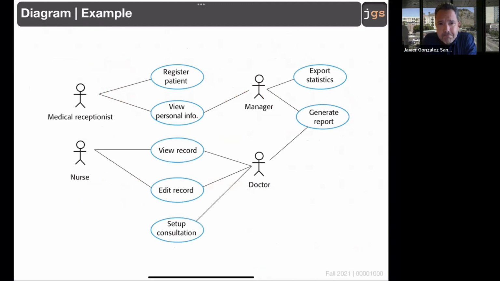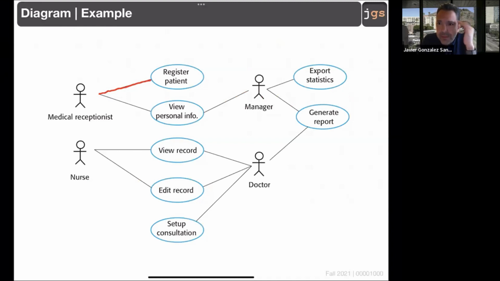Something like this. Let's see. One, association. The line, the trivial line. All the lines that you saw here, like this one. You use that one to connect an actor with a use case. You use that one to connect an actor with a requirement.